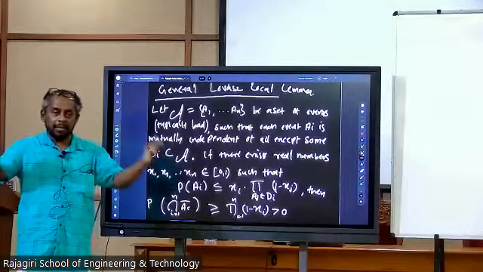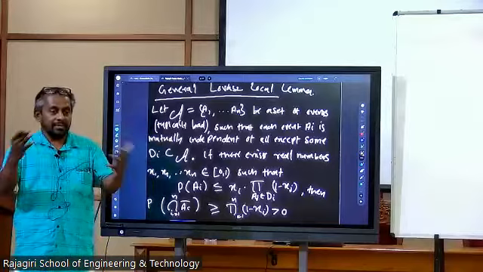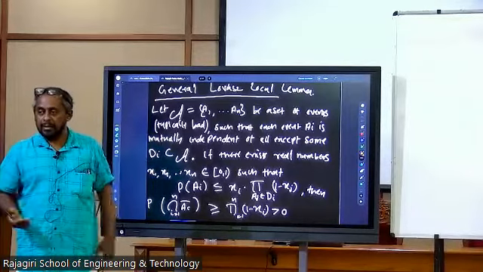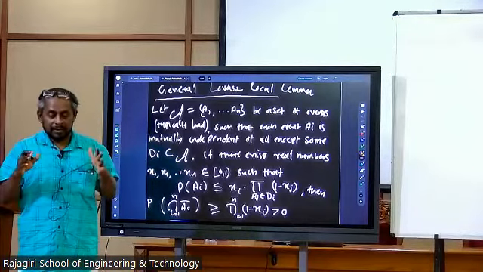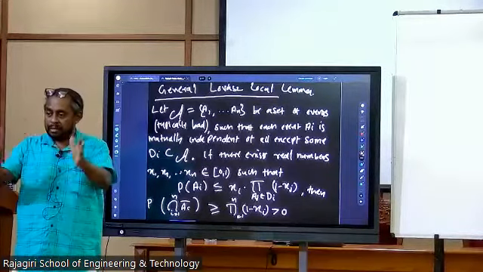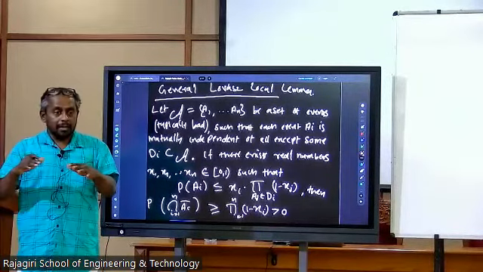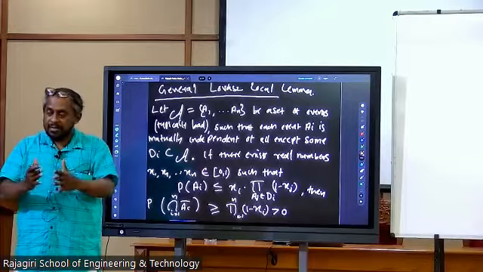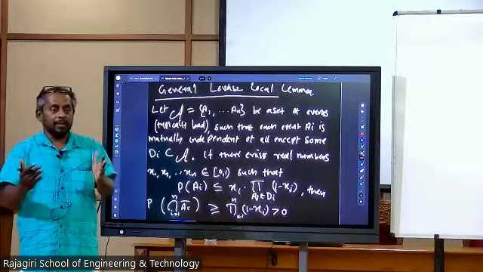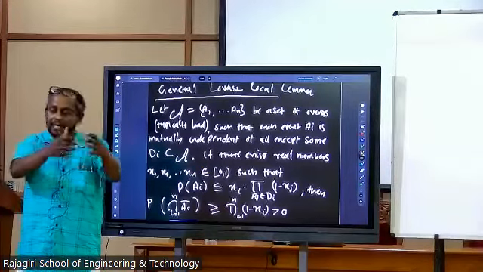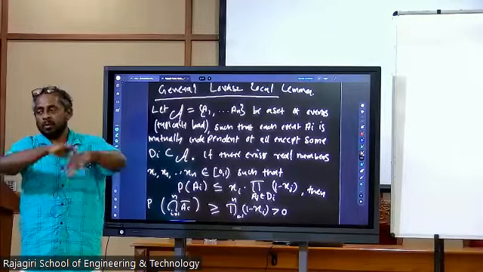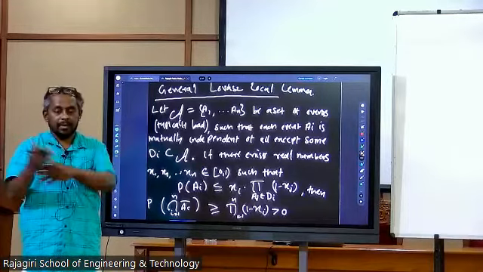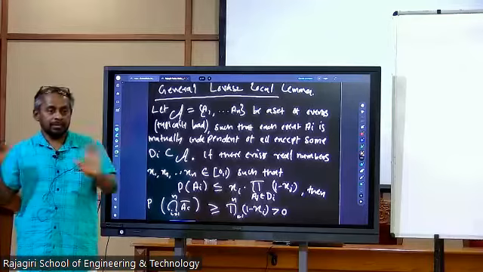So you have several events which are probably dependent, but for each event you can find a small subset of events, and outside this small subset, the other events are independent of it. No matter what combination of other events you take, it's not going to affect the outcome of this event.